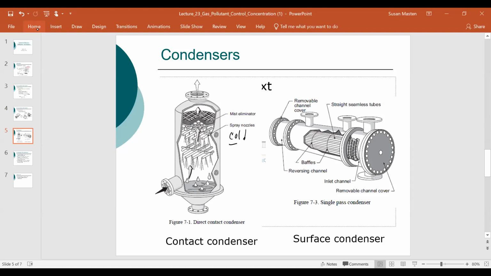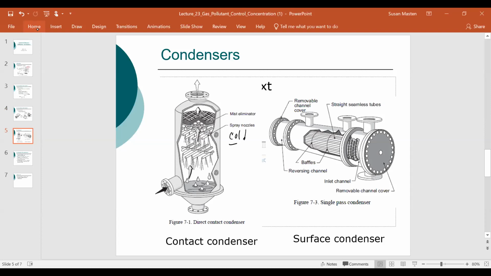Surface condensers, you can think about actually a refrigeration unit, an air conditioner. Here what you have is gas that's contacting a cooled surface, and you can see you've got these seamless tubes. Inside that tube, you're circulating a chilled liquid or a gas, and your airstream that you're attempting to condense flows around it.